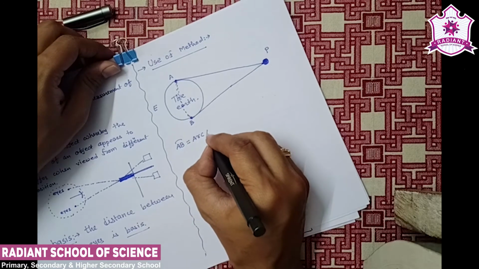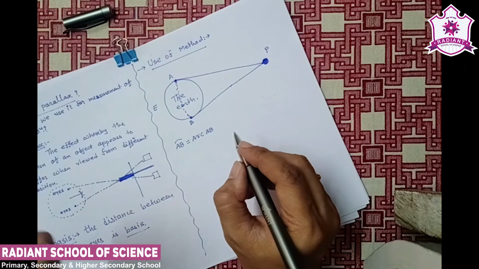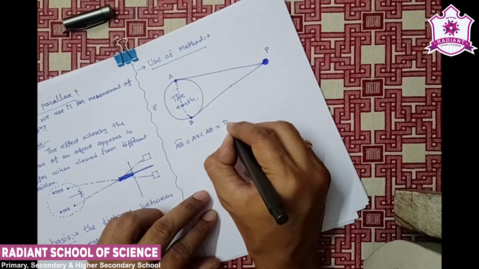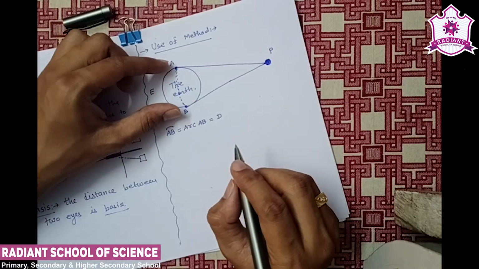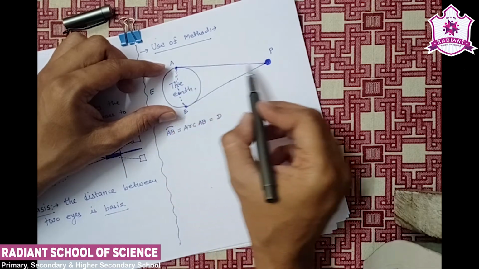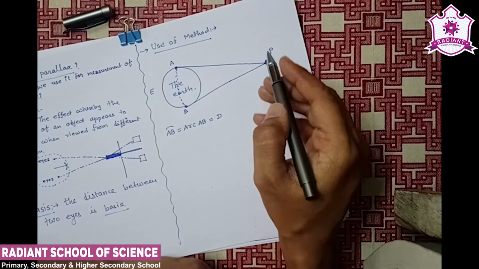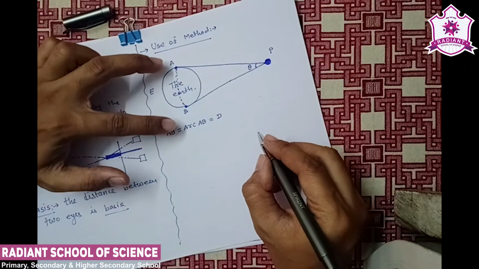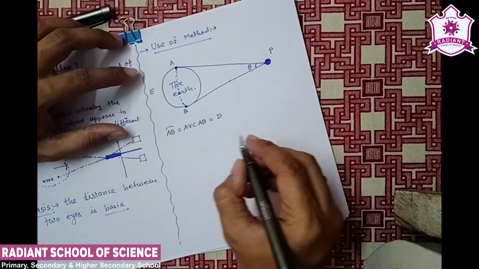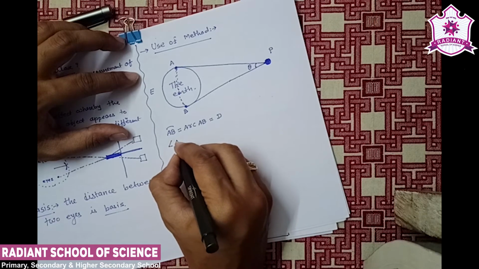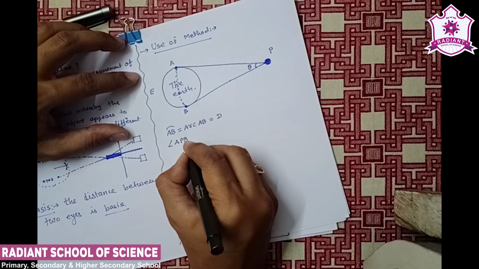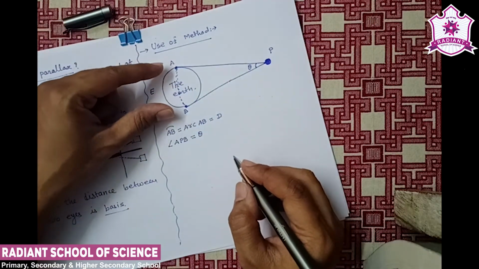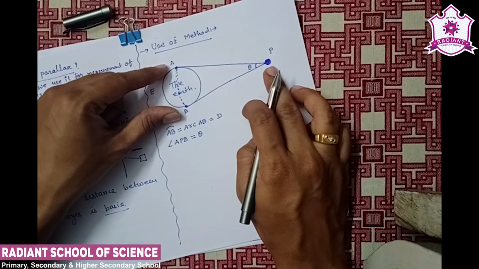This is our known value, that is the diameter of the earth, and we say that it is D. Now with the help of the telescope we have observed this point, which makes a particular angle theta with respect to this point AB. So we can say that angle APB is equal to theta, that is formed between A and B at point P.